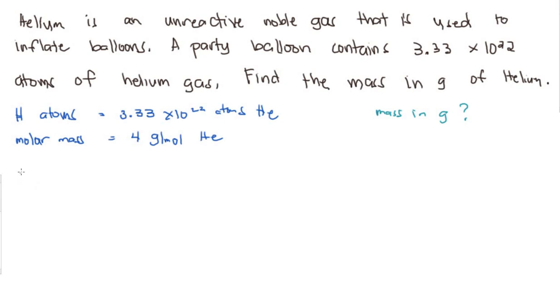So how do we do that? We have there 3.33 times 10 raised to 22. This one is the number of atoms, and then we will convert that into number of moles by multiplying it by moles.